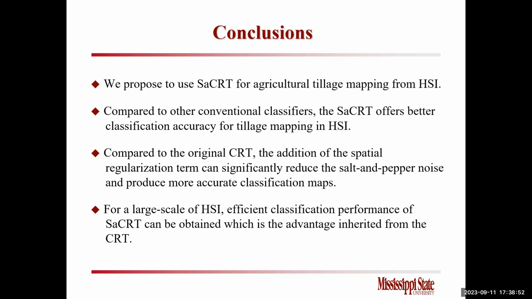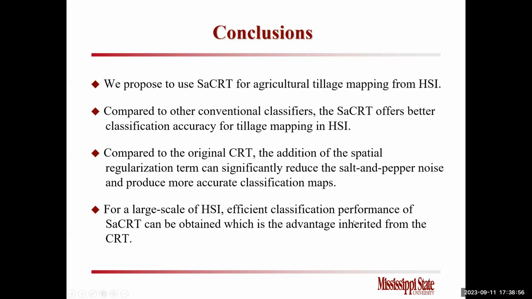And compared to its original version, adding the spatial regularization can also significantly improve the performance. Because it is very efficient, we believe it can be very promising if we want to use it for large scale data processing.